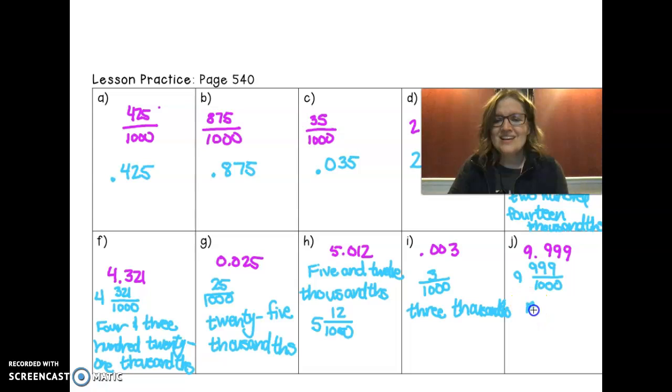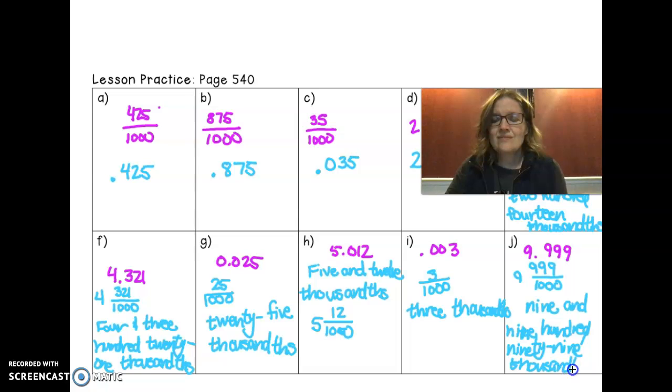And we write this 9, then we're going to have to write a lot of nines. 9 and 999 thousandths. Oops, my pen is going faster than the computer.